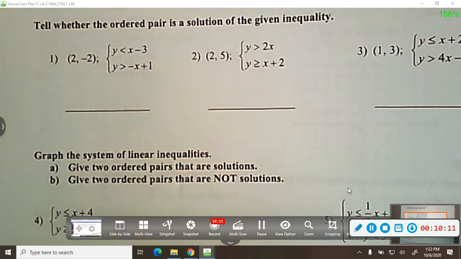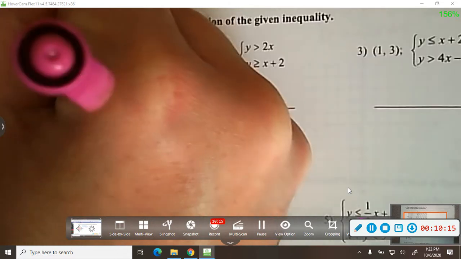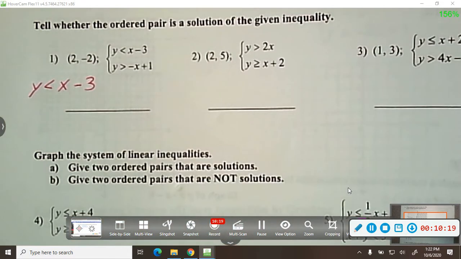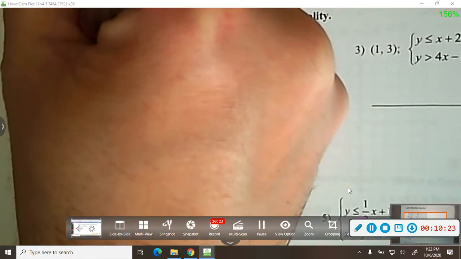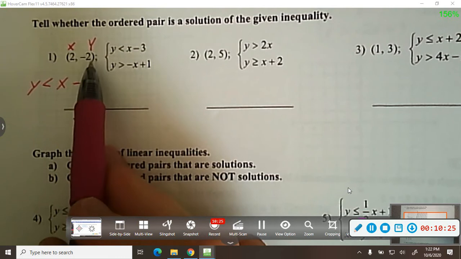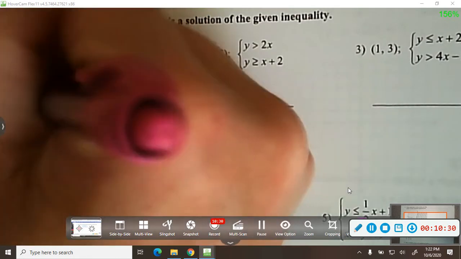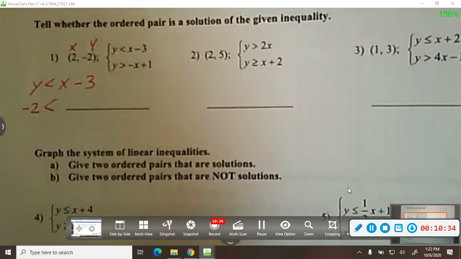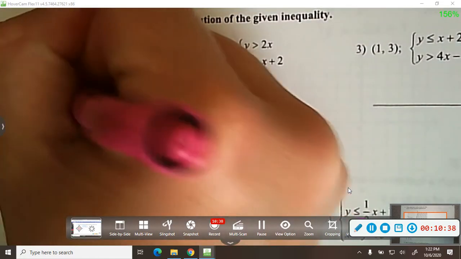So first, let me write down y is less than x minus 3. And let's plug in, and remember this is x comma y. Let's plug in negative 2 for y, so that'd be negative 2. Is negative 2 less than x, which is 2, minus 3?